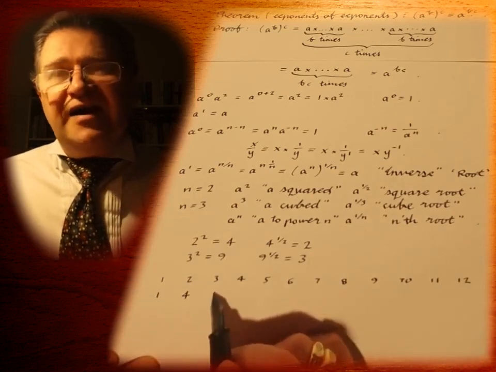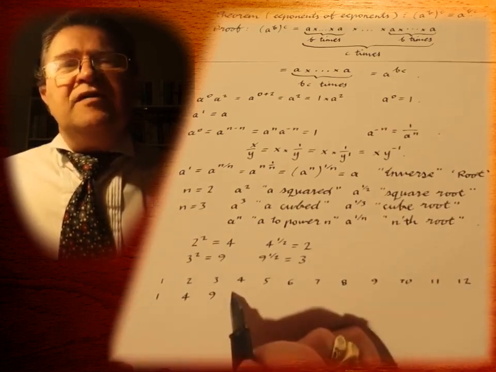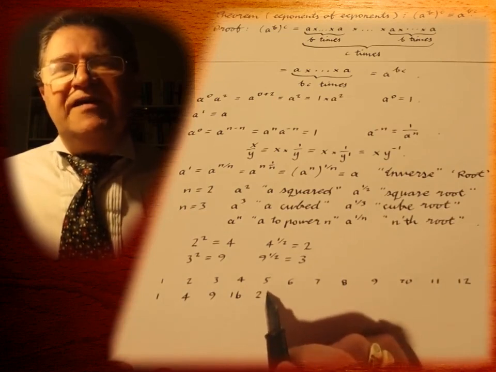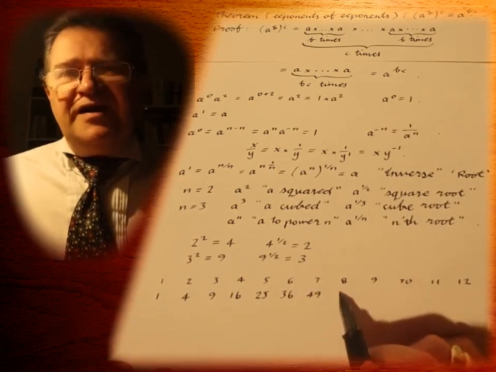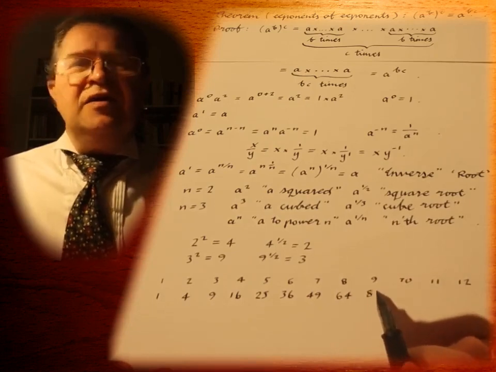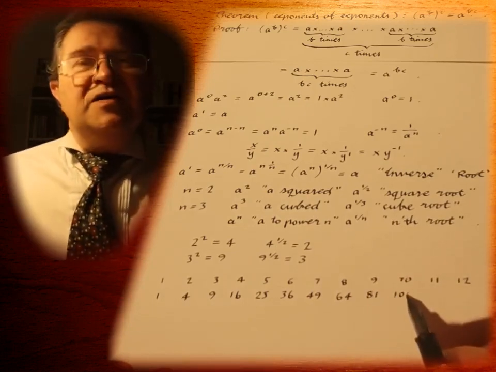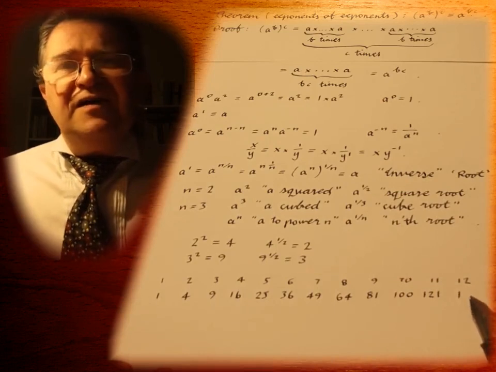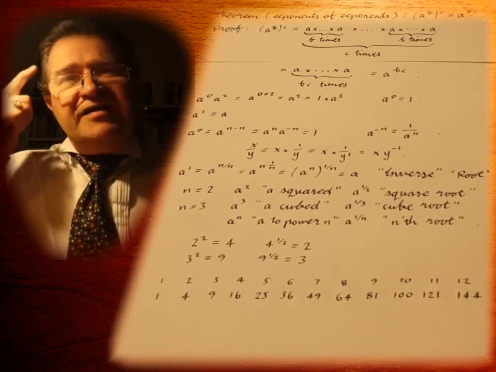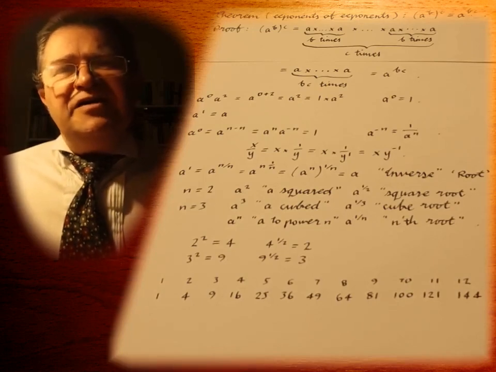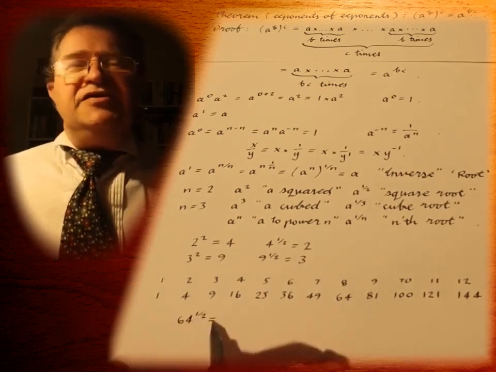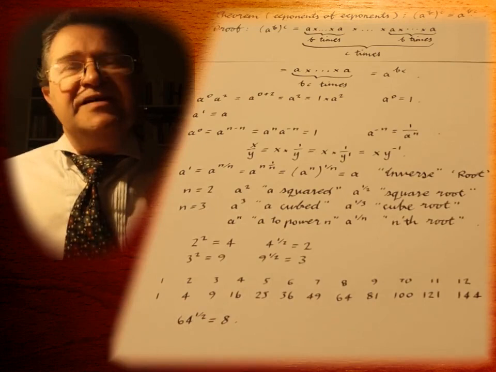So after 4 and 9, which we've just done, we've got 4 fours is 16, 5 times 5 is 25, and then we've got 36, 49, 64, 81, 100, 121, and 144. Having these numbers in your head means that when you see one, you can immediately write down the square root, e.g. 64 to the half is 8.